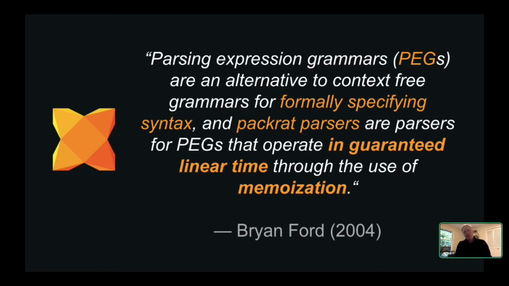So the benefits here are that this type of parsing is guaranteed linear, which is very nice. There's also a lot of opportunity there for optimization and speed. And the trade-off with memoization is obviously memory. But memory's cheap these days. It's not the 1970s. We can throw more memory at a parsing problem. So this seemed like a good trade-off to make, and a good application of modern theory.